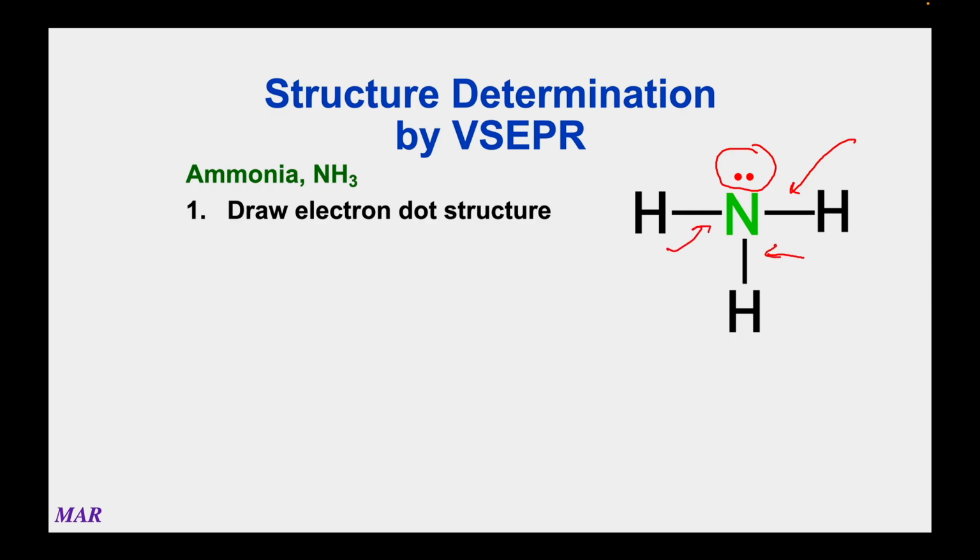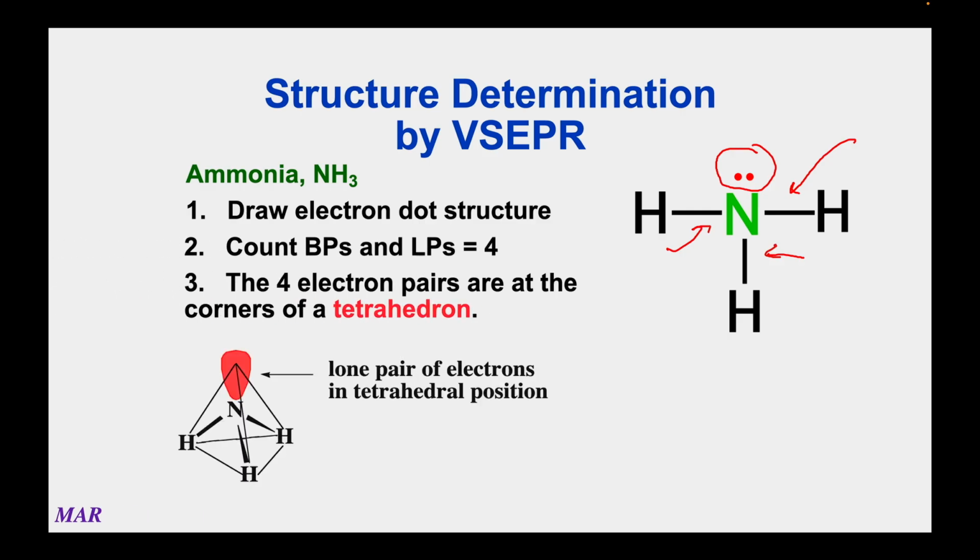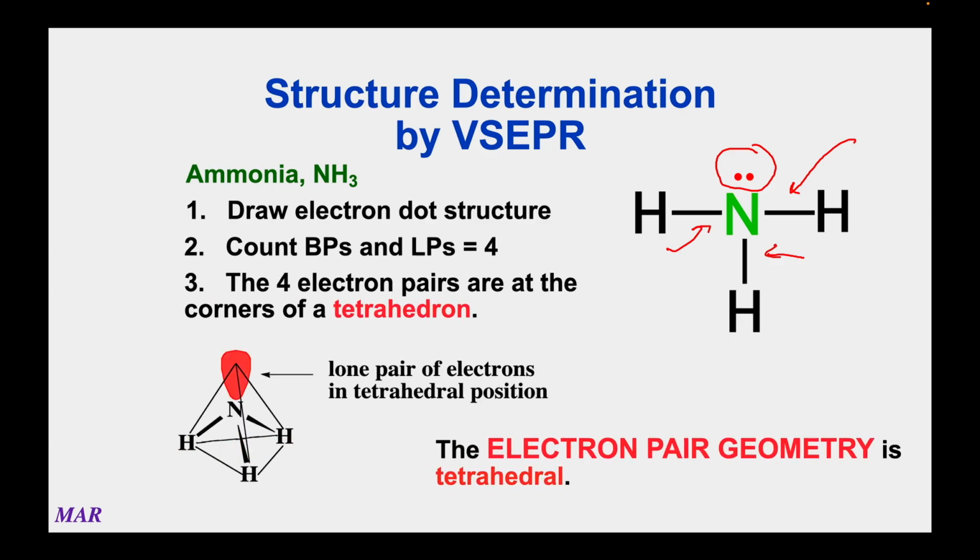The outer atoms are connected to the nitrogen 3 times. So this is a 4 cloud system, 1 lone pair and 3 bonding pairs. If you look back at that sheet, this is where the tetrahedral part comes from. It's really a tetrahedron, but it's a tetrahedral geometry, whatever. Anyway, electron pair geometry here is called tetrahedral, all right?